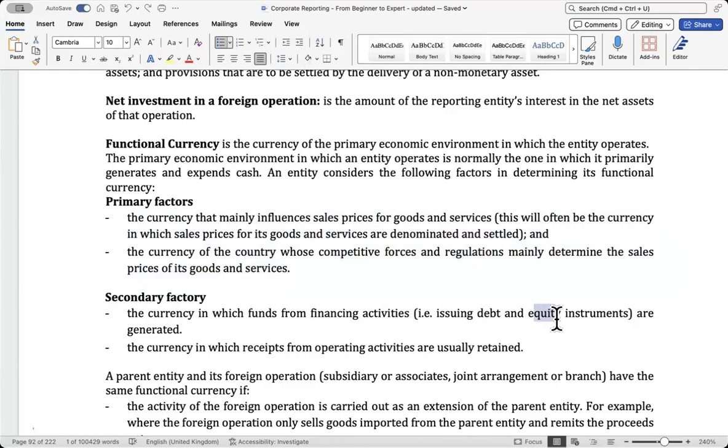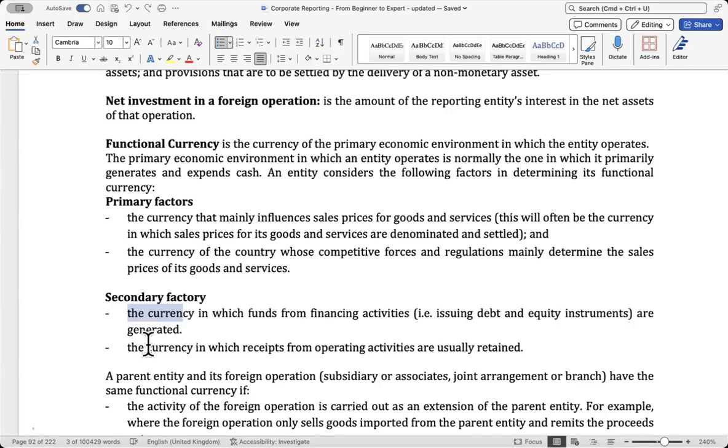Like in Nigeria now, you find that most of these startups raise money in dollars. So if the primary factors are not quite apparent, you use the secondary factor: the currency in which funds from financing activities are generated, and that would be their functional currency.